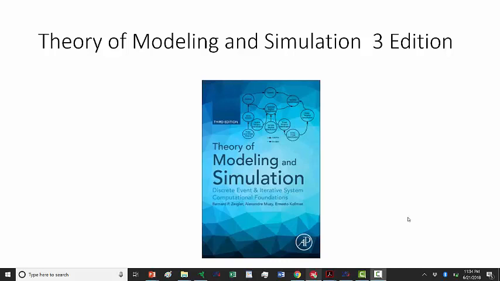Well, I've mentioned the Theory of Modeling and Simulation, third edition. Here's how the cover looks, and you can see it's emphasizing discrete event and iterative system computational foundations.